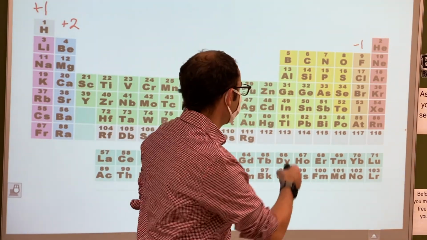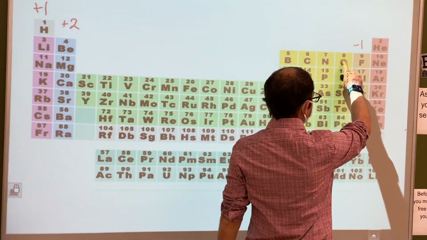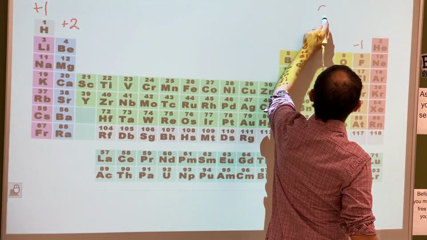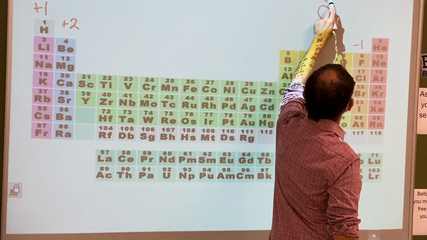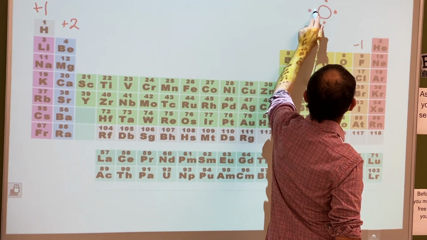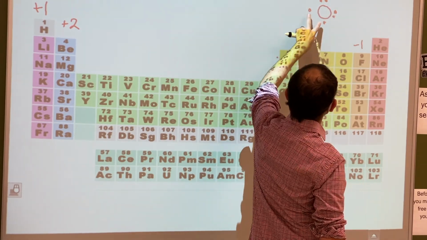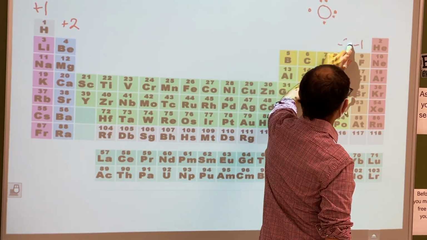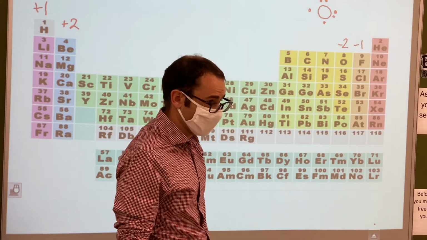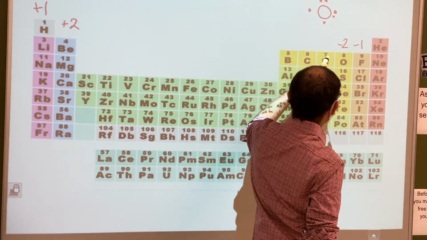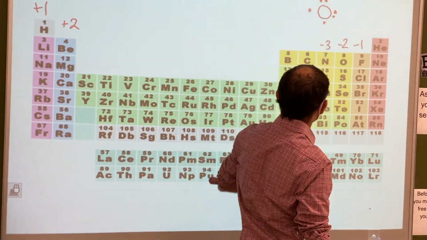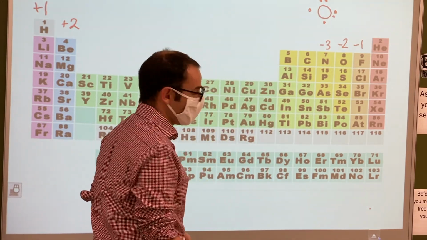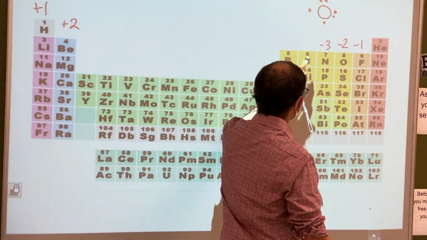Does anybody remember how many valence electrons oxygen has? It has 6. So it needs to gain 2, and when it gains 2, it's going to become -2. Nitrogen has 5, so it's going to gain 3. Carbon has 4, so it can gain or lose 4.